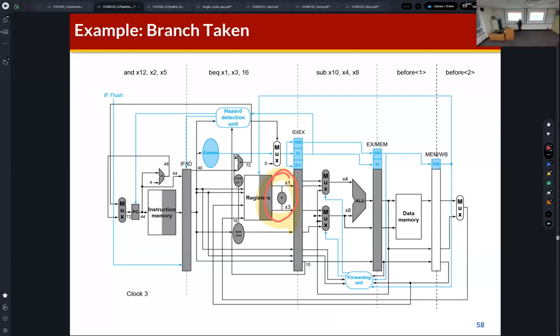So in order to reduce the delay of the branch instruction, we can add the equality check unit here, and then immediate plus PC can be calculated in the ID stage. Okay, so we can get the condition of the branch instruction here, and this is the target of the branch instruction. So what's the benefit?